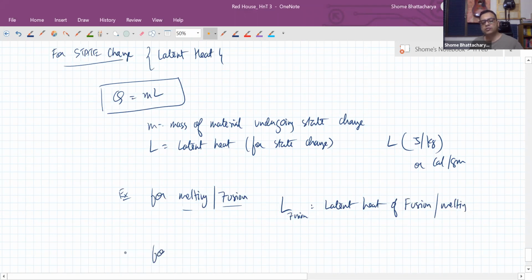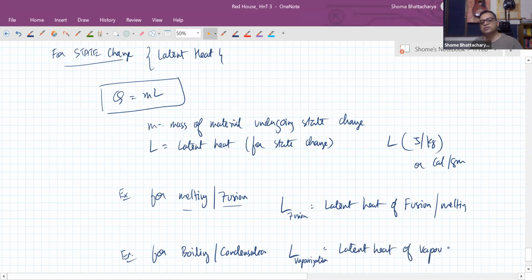And for boiling or condensation, this is called latent heat of vaporization.